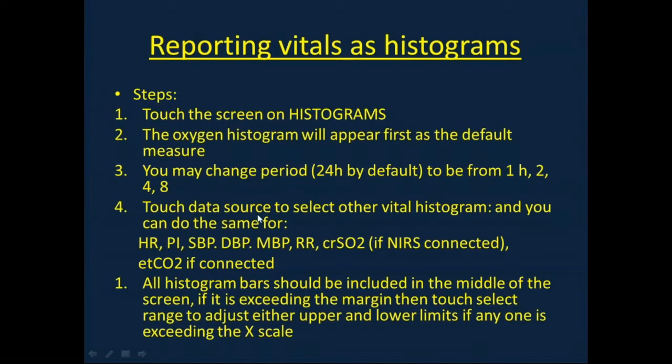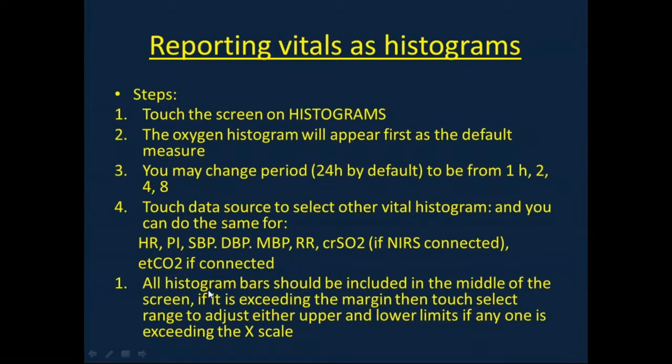And then touch data source to select other vital histograms. And you can select heart rate, perfusion index, systolic, diastolic, mean blood pressure, respiratory rate. Also, you can choose cerebral oxygen saturation if you have a near-infrared spectroscopy machine connected. And also you can evaluate histograms for end-tidal CO2.